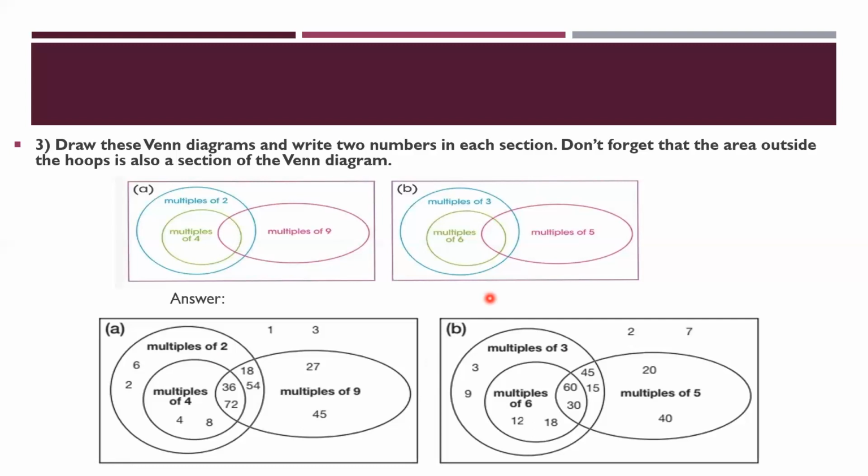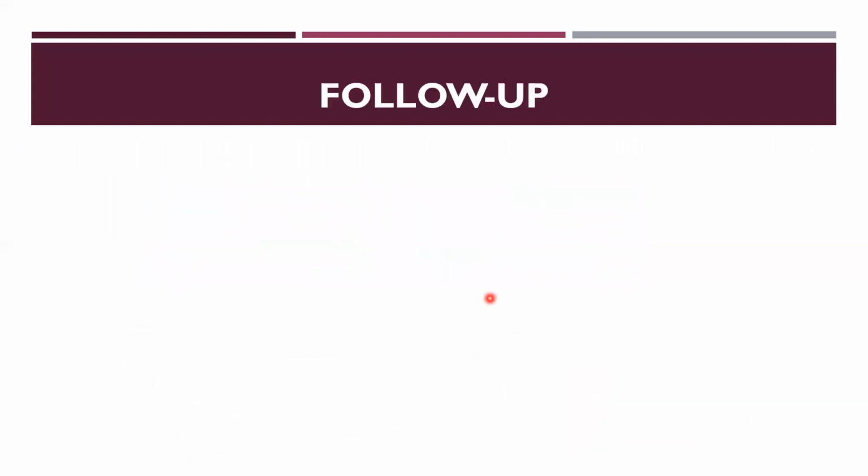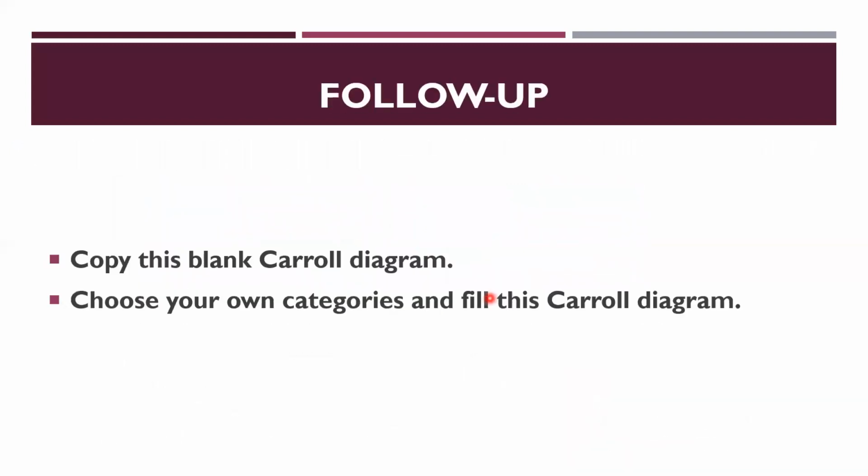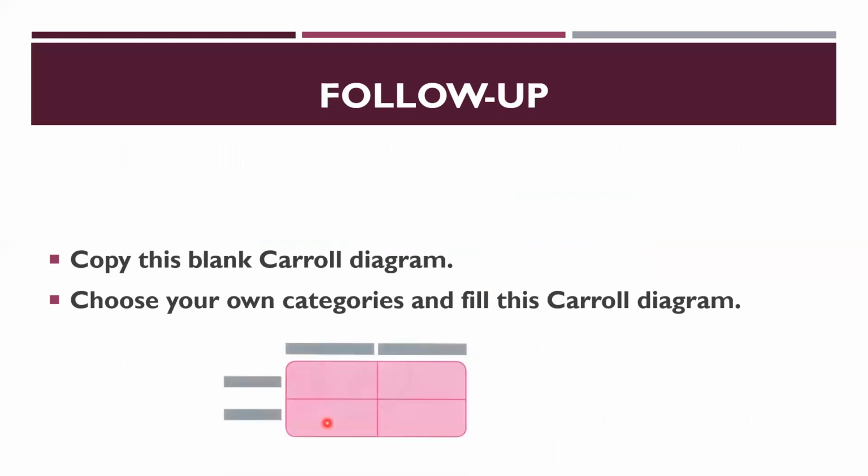Okay. Now here comes a follow-up activity for you. Copy this blank Carroll diagram. Choose your own categories and fill this Carroll diagram. Here I have just given you a blank Carroll diagram. No criteria I have given. You can fill this Carroll diagram as per your idea, which means you can fill this in connection with numbers or shapes or fruits or vegetables or whatever thing, costumes or dress type, anything.